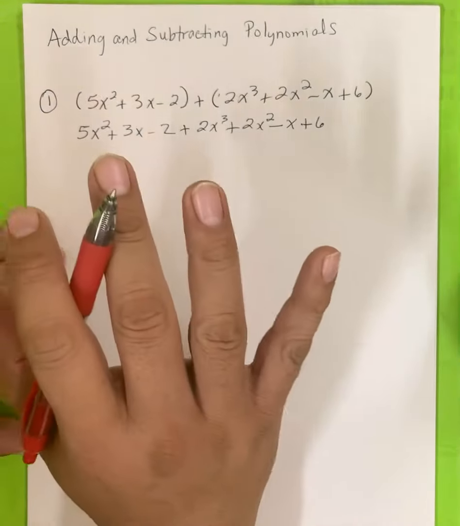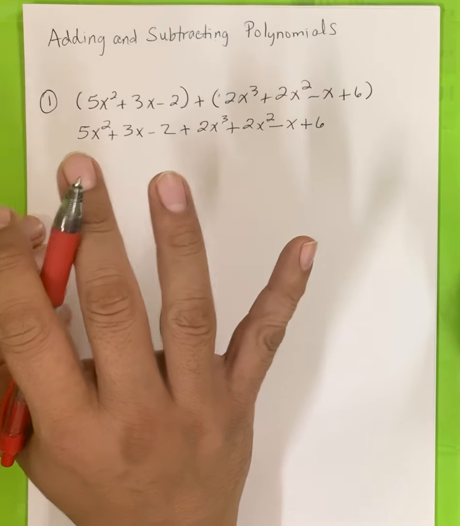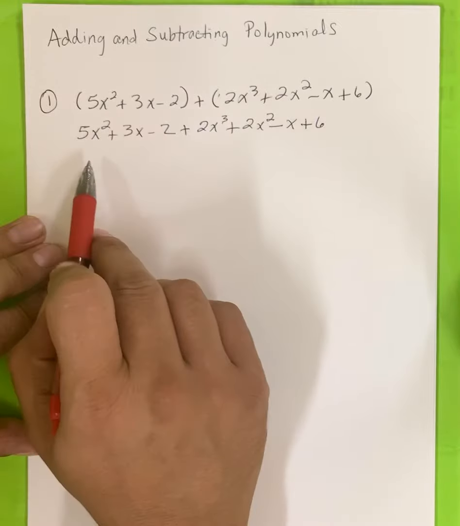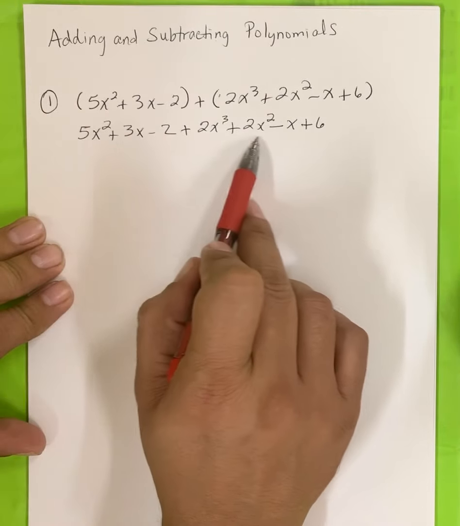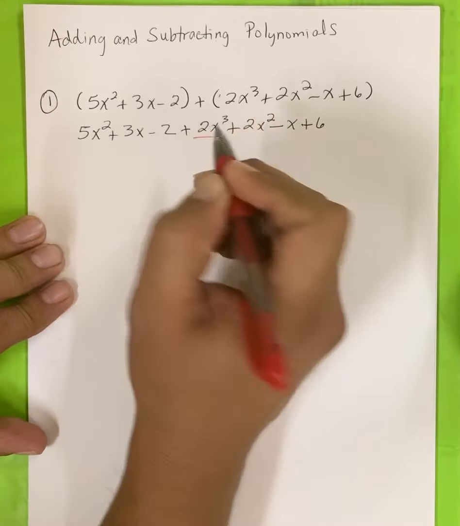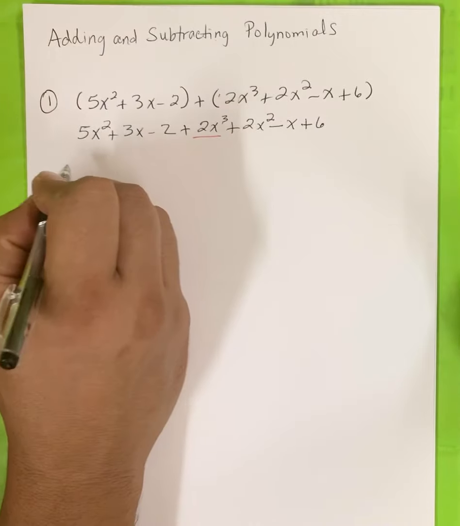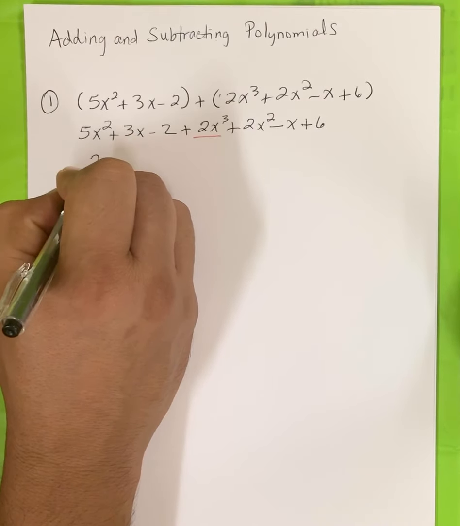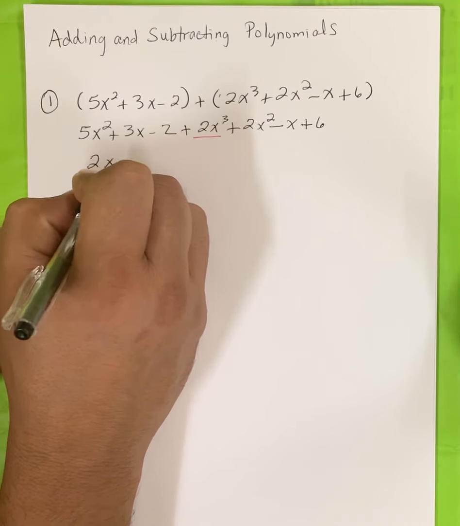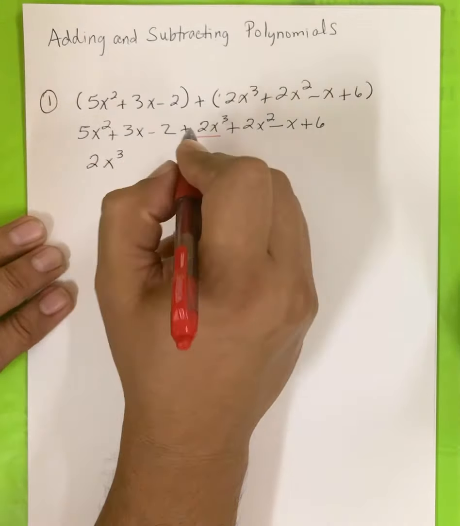We look for terms with the same power. In this case, the highest power we have is 2x to the third power. It's the only one we have, so we bring it down: 2x cubed. It's right there already.